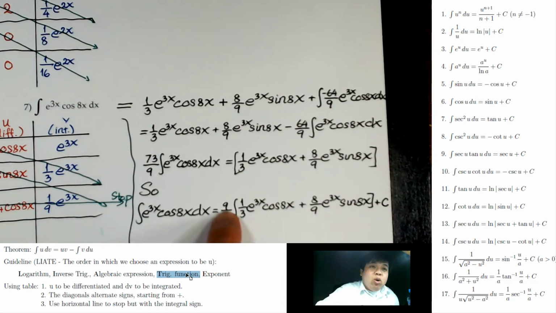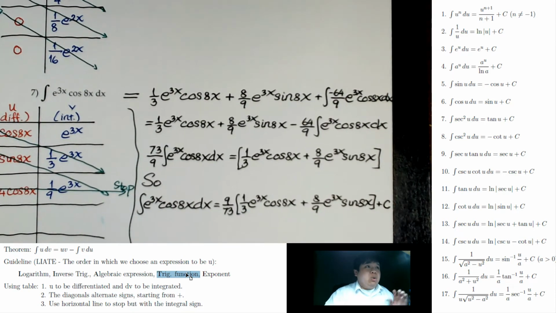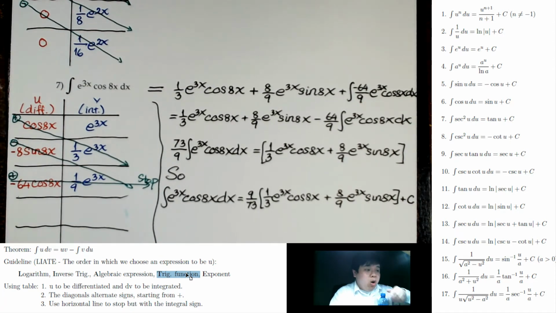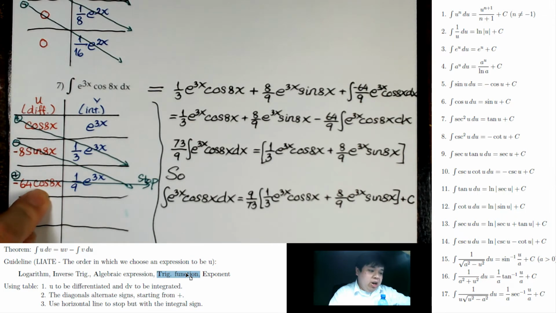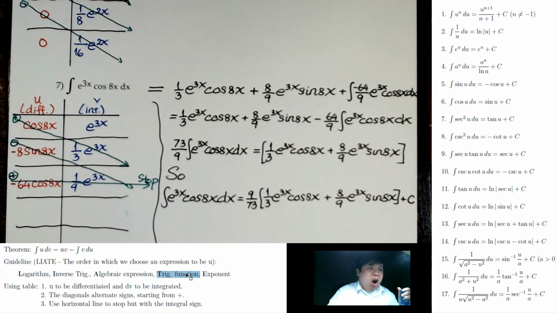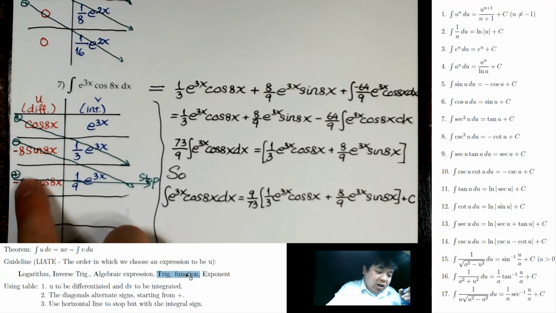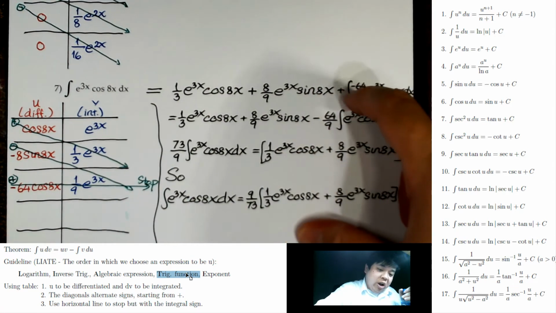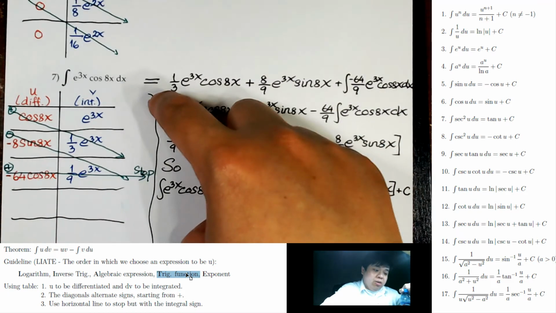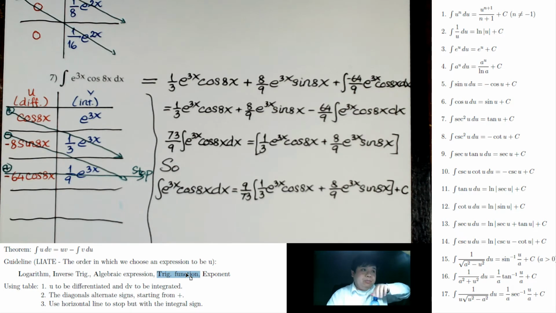We can also multiply the 9 inside to simplify with this 9 and the 3, but we don't have to do that. So the point here is integration by parts: one to be differentiated, one to be integrated, and just do the diagonal. If we have to stop, just draw the horizontal line, but we still have the integral in that case. The diagonal, we don't have the integral. The horizontal line, we have the integral, and that's what we have.